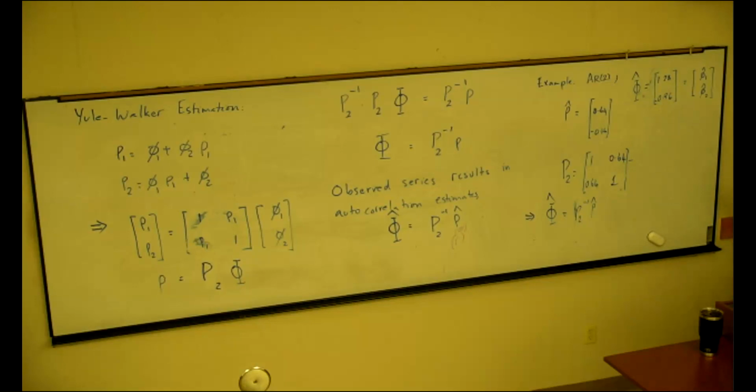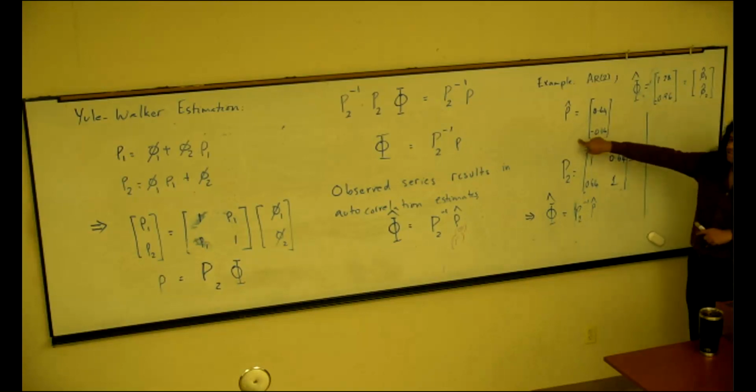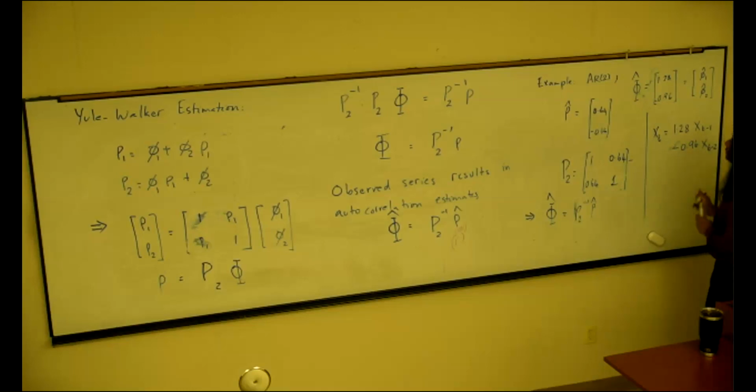I'm going to write the fitted model. This is the estimated model for the series that gave us that estimated rho vector. So xt equals 1.28 xt minus 1, minus 0.96 xt minus 2.